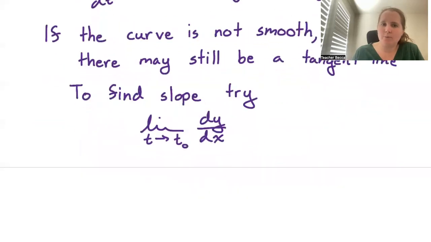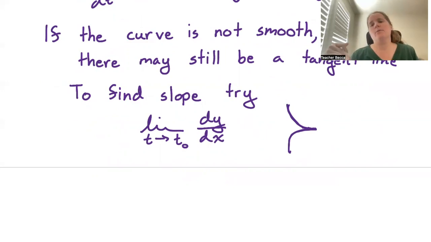So, for example, if we have a sort of cusp to our graph where we're coming from a positive slope heading towards slope 0 from above, and a negative slope heading to slope 0 from below, we have a corner, but at that point it still looks basically like a horizontal line.